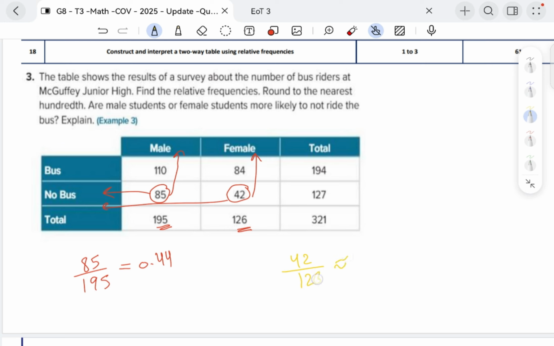And this is approximately equal to 0.33. So we can see that the rate of male students is bigger than the rate of female students who are not riding the bus. So 0.44 is bigger than 0.33. So male students are more likely not to ride the bus.